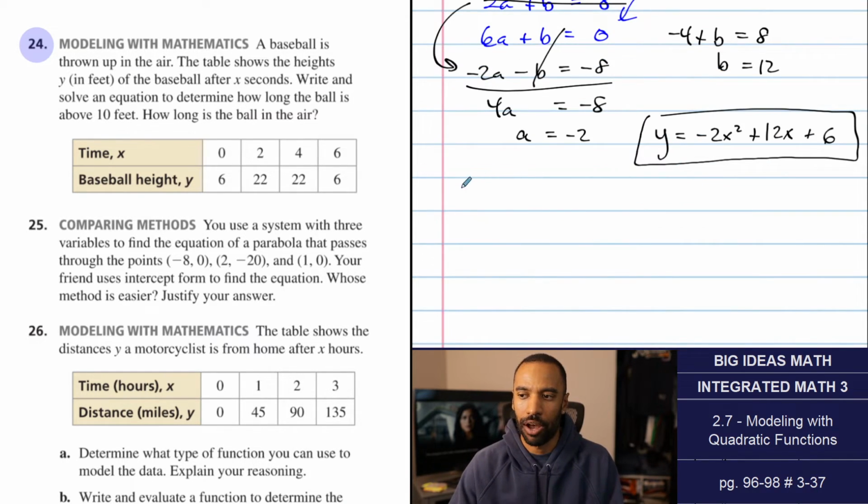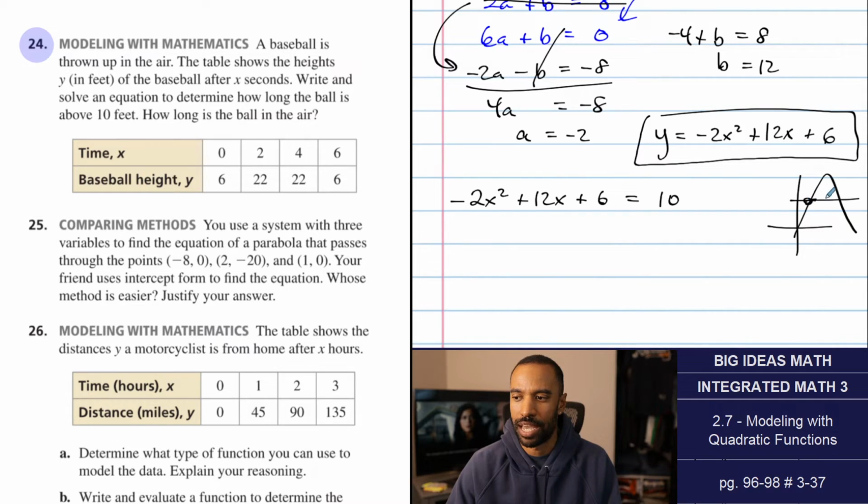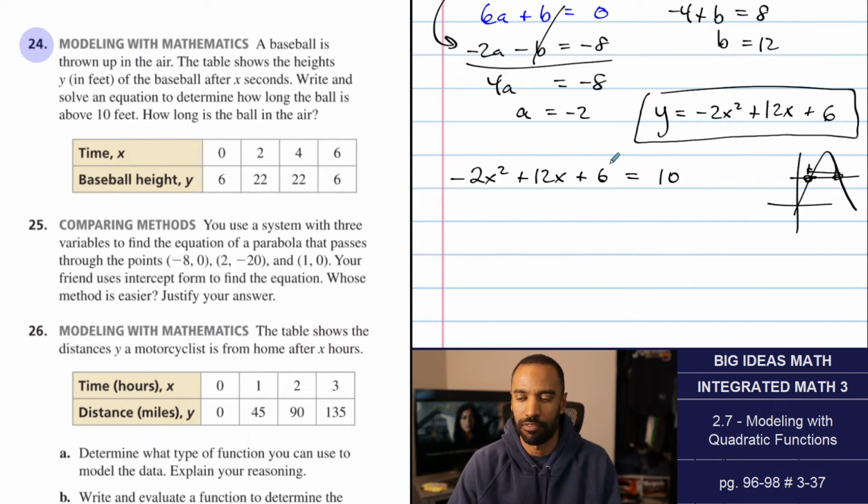I want to figure out for what values of x we actually hit 10 feet, because it's an upside down facing graph, right? So negative 2x squared plus 12x plus 6. Let's see when that actually equals 10. It should hit twice, on the way up and on the way down. And I want to find the interval in between, how long it's actually above 10 feet. So I'm going to subtract 10 from both sides, and I'm going to attempt to solve this quadratic by any means necessary.